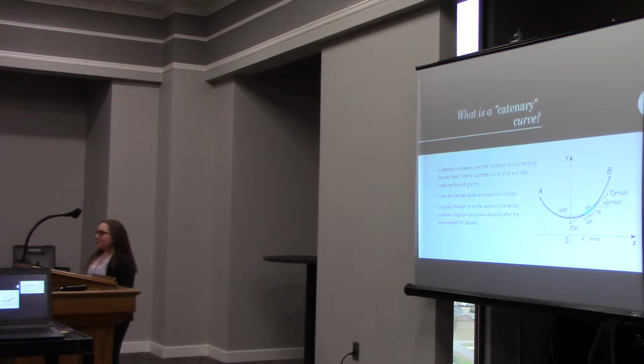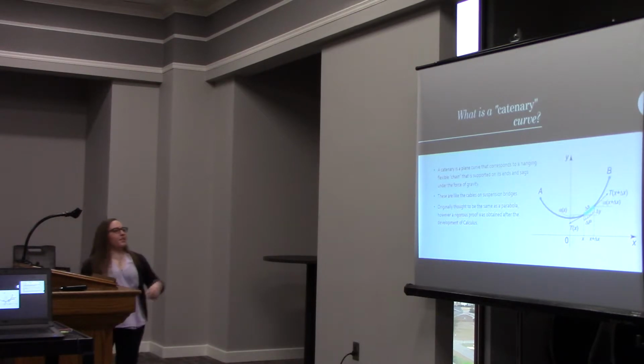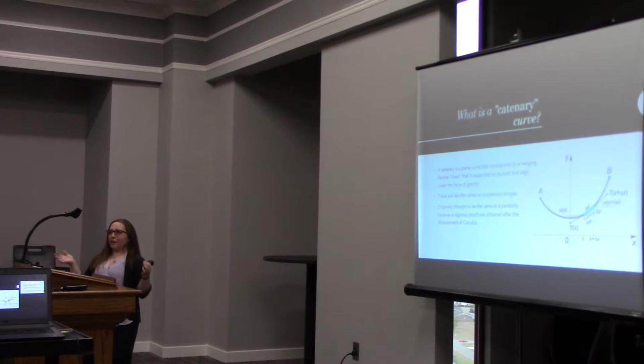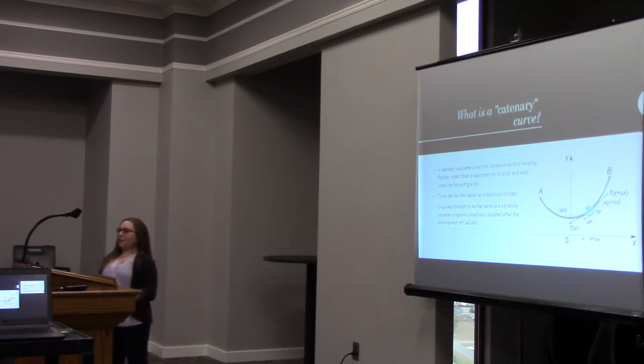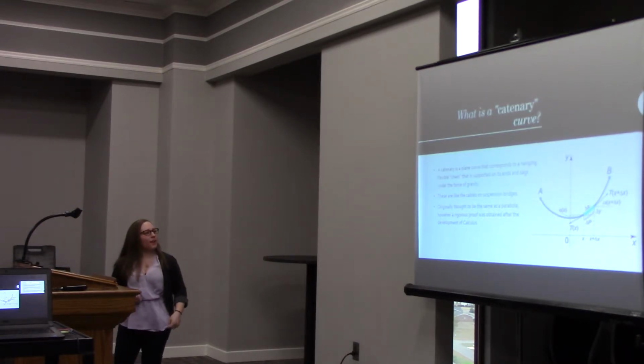It's used in architecture, so they can determine the tension forces and compression, and how they can make that arch as stable as possible through the whole curve. These are also like suspension bridges. The only difference is that they're not completely catenary curves, but they have a similar foundation.